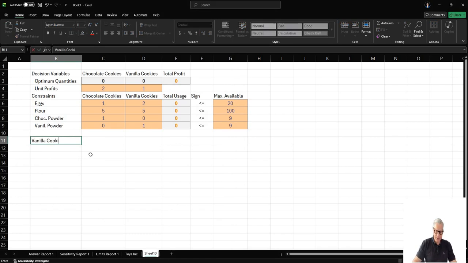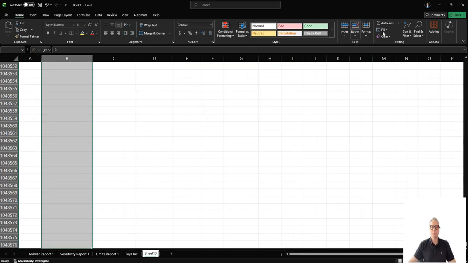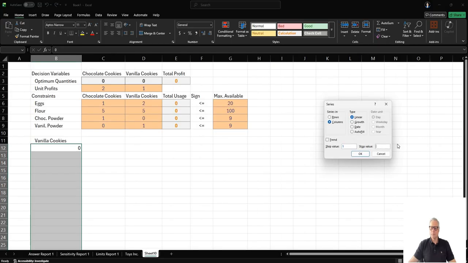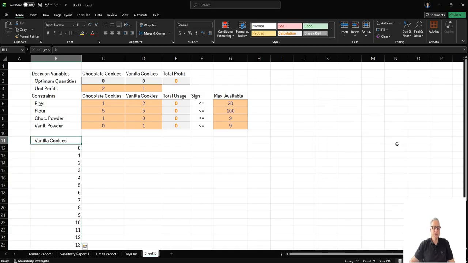So the x-axis will be the vanilla cookies. And that is equal, it starts at 0 and then it ends at 20. So we use the command home fill series.